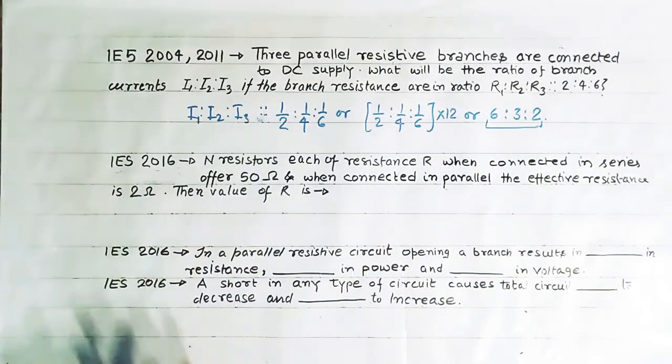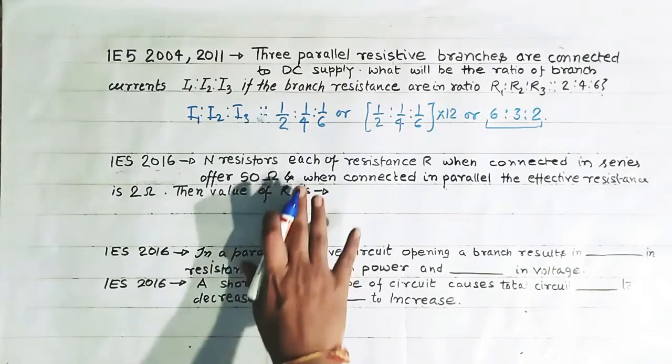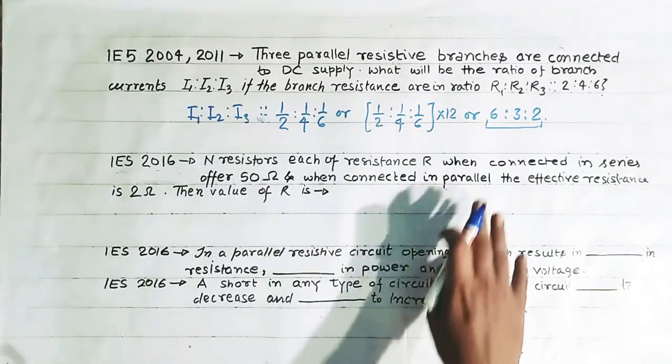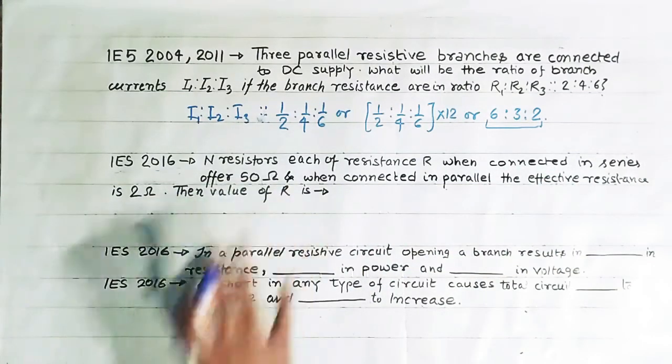Now take this question that has been asked in ES 2016. It says that n resistors each of value R, when connected in series, offer 50 ohm resistance.